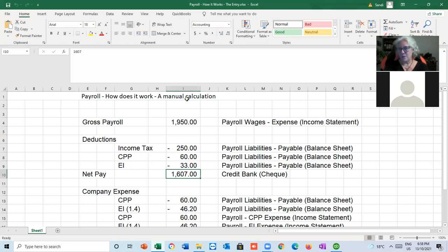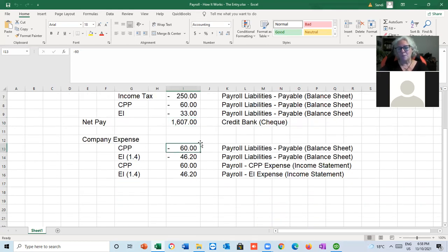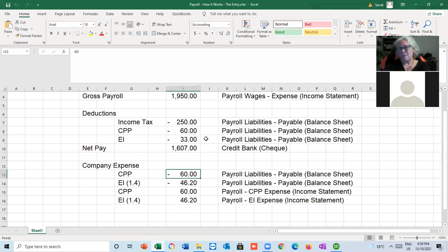But we have to think, we have obligations to Revenue Canada as an employer. So what happens here is we have to pay more than what is deducted off of the employee.